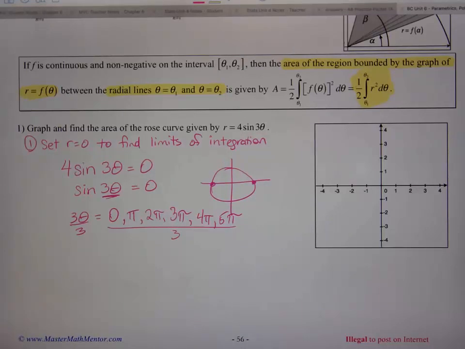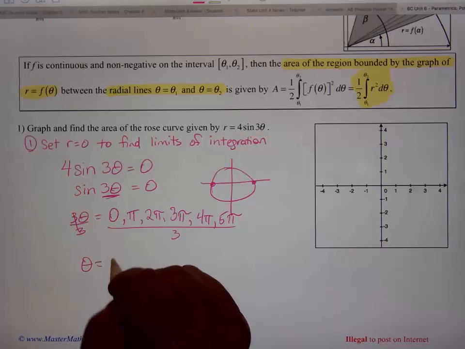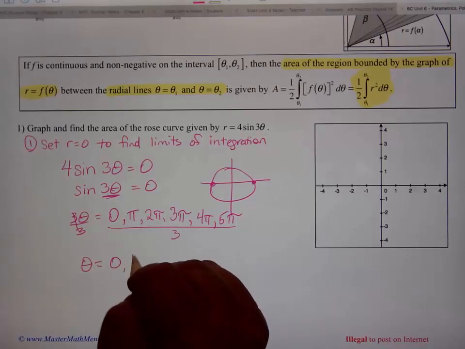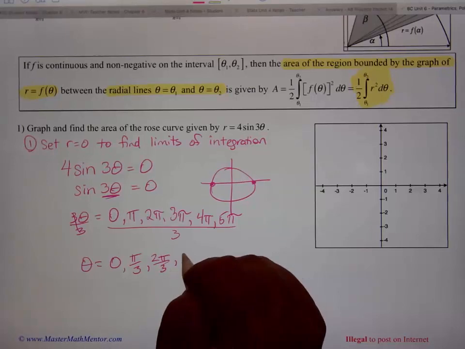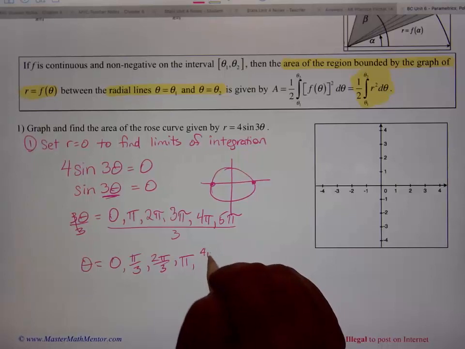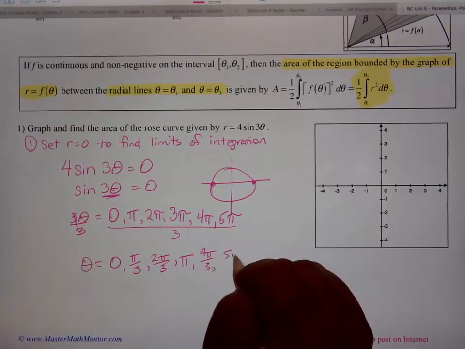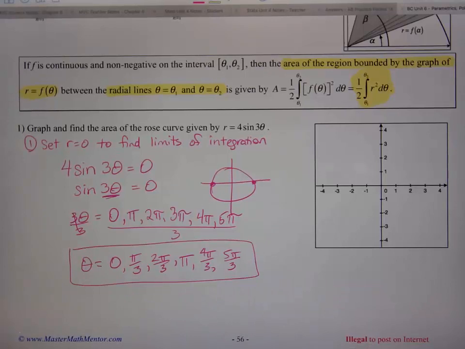So now we just divide both sides by 3 and we get theta equals 0 over 3, which is 0, pi over 3, 2 pi over 3, then pi, then 4 pi over 3, and 5 pi over 3. Those are all the places where the radius is 0.